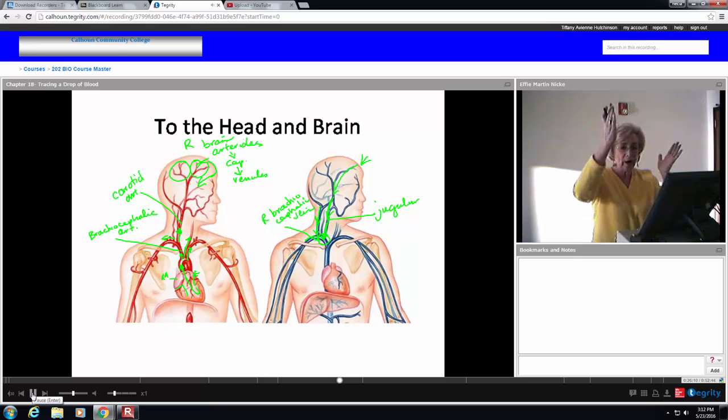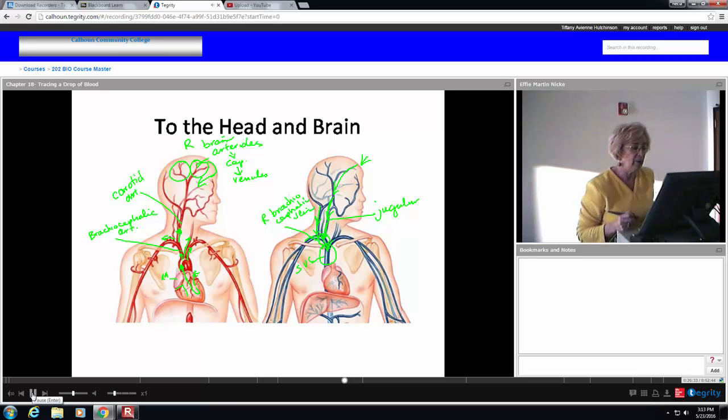So it's where the subclavian and the jugular come together that forms the brachiocephalic. And then your right and your left brachiocephalic come together to form this major vessel called what? The superior vena cava. Okay?